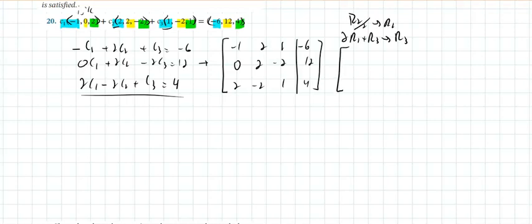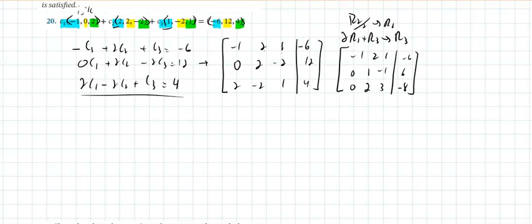So what would happen? Negative 1, 2, 1, negative 6, 0, 1, negative 1, 6. And if I multiply this by 2, that will become a 0. That will be 4 minus 2, which is 2. That will be 2 plus 1, which is 3. And that will be negative 12 plus negative 12, negative 8.